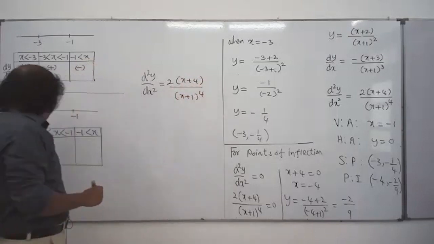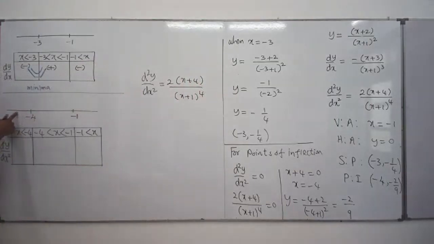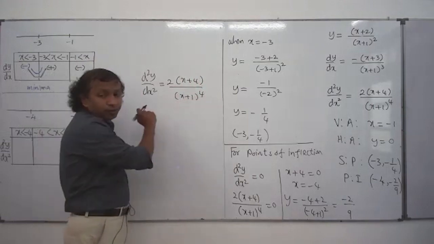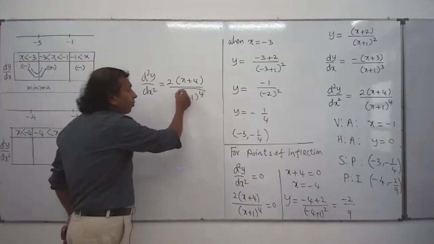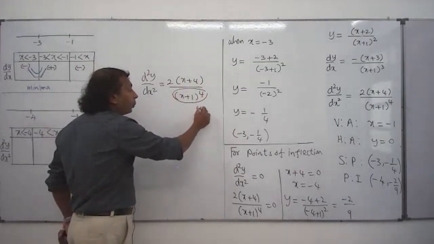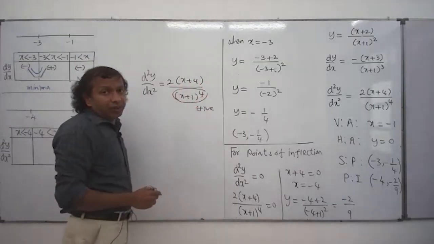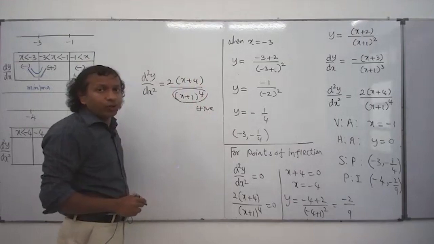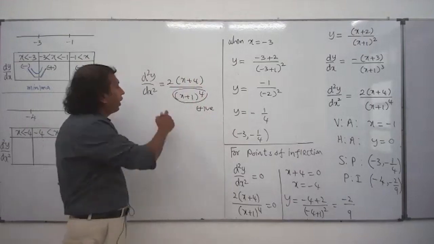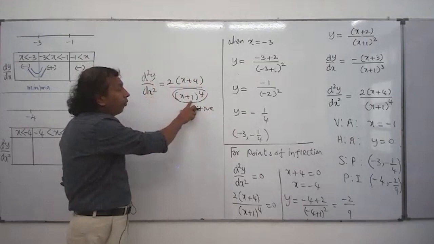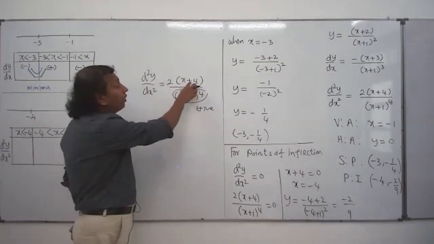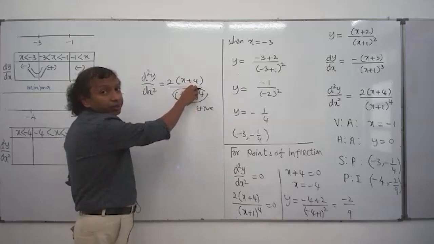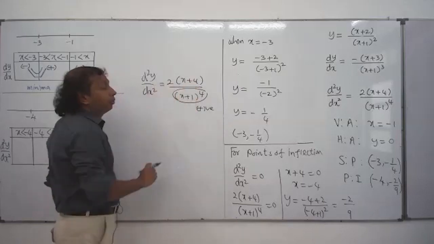Now, take a value for x in this interval. Here, people, this power is 4, an even power. Even power of a real number is always positive, no? So in deciding the sign of second derivative, don't go to find the sign of this one, take that as always positive. Only the sign of the numerator you have determined. That sign is the sign of the second derivative.